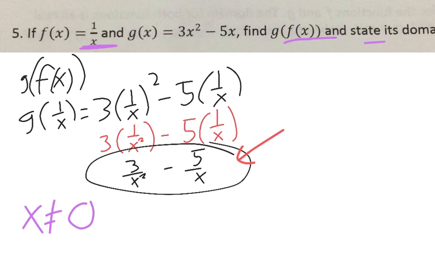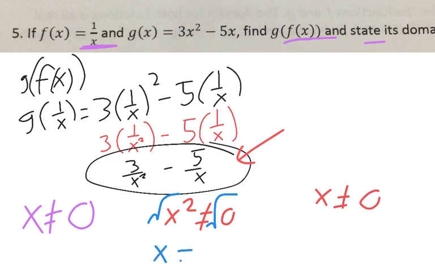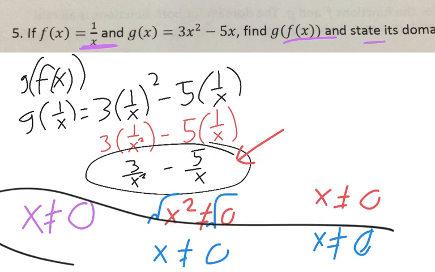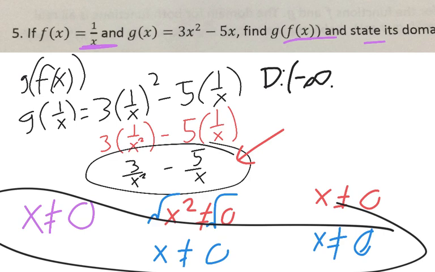We could. So make sure the denominators can't be 0. So I could say x squared can't be 0 and x can't be 0. How would I solve these? Square root. So this would be plus or minus 0, which is still just 0. And this one's still just 0. So the domain, all of them say the same thing. You can't pick 0. So how could I say the domain is everything except 0 in interval notation? Negative infinity to 0, union 0 to infinity.